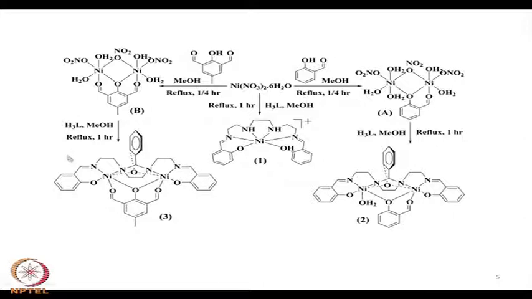I am giving this example because the ligand is very simple: even anybody can make it in the laboratory, by taking triethylene tetraamine and salicylaldehyde. That ligand gives a large number of reactivity patterns when you react it.